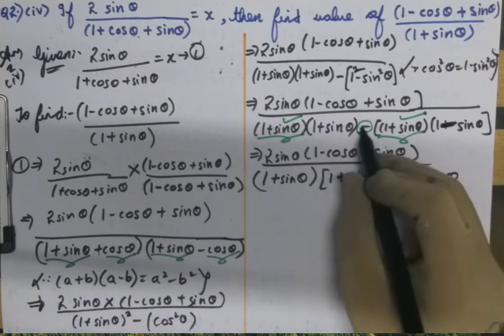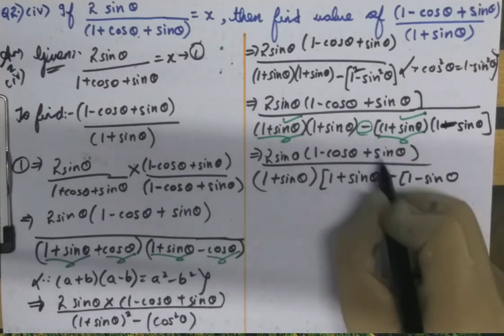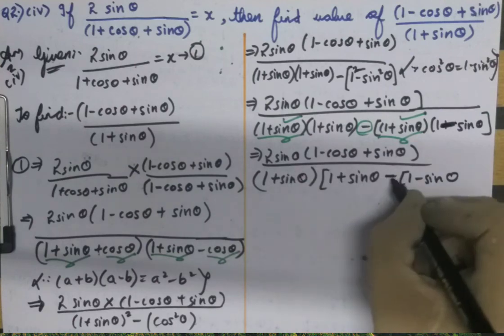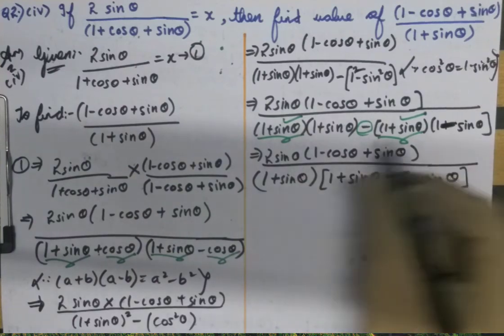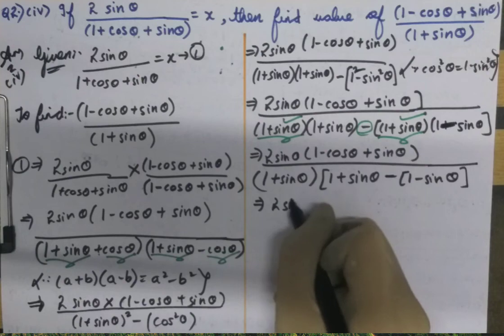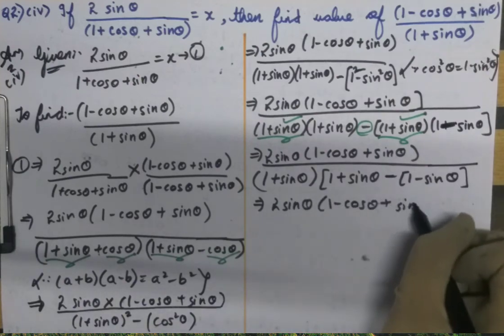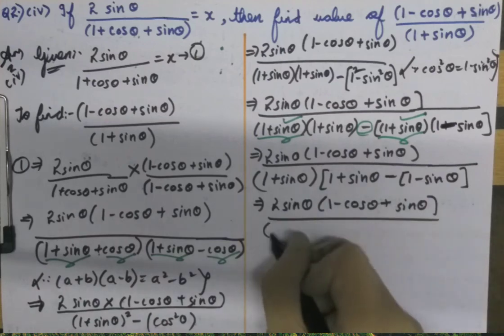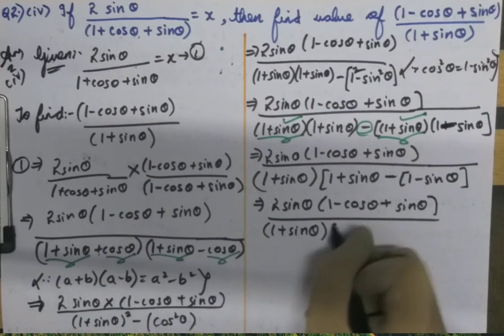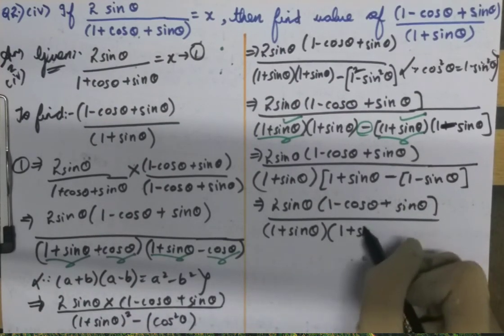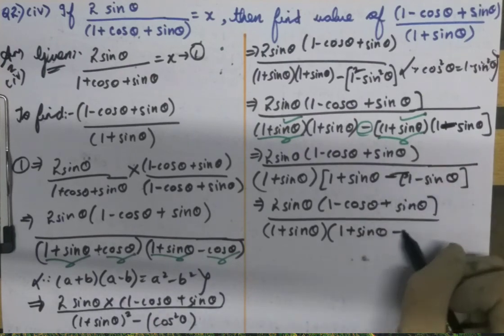Why is minus coming here? This minus is there before this whole bracket. We didn't take minus common, so I have to write minus here also. Now 2 sine theta into (1 minus cos theta plus sine theta) whole, divided by (1 plus sine theta) into (1 plus sine theta). Now open the bracket. Minus into 1 is minus 1.